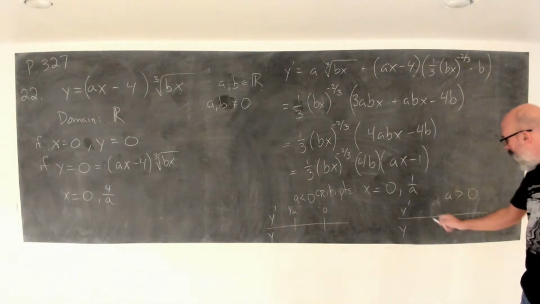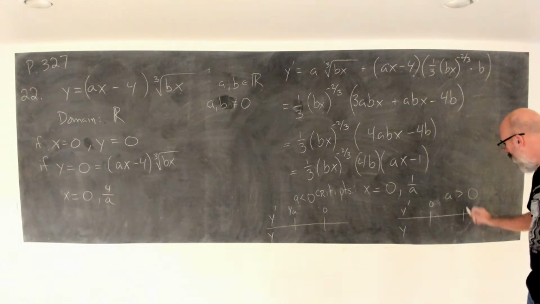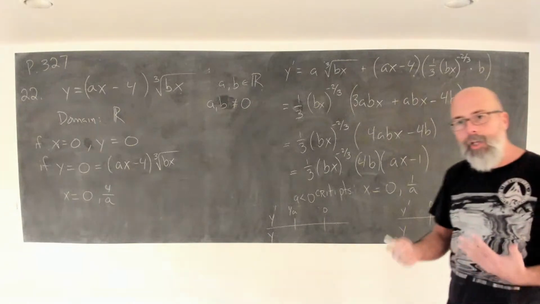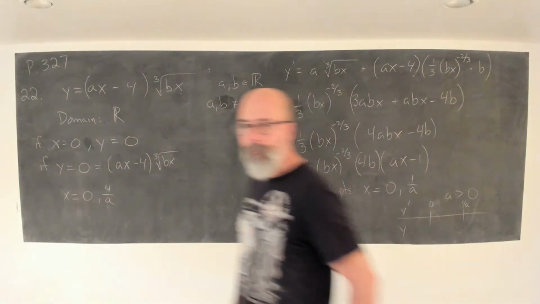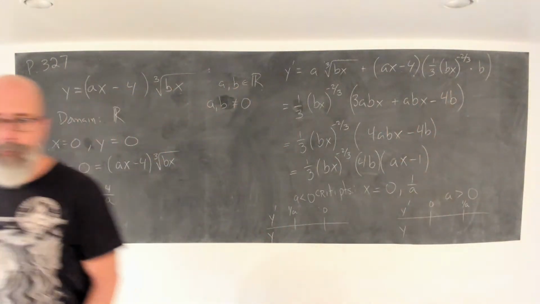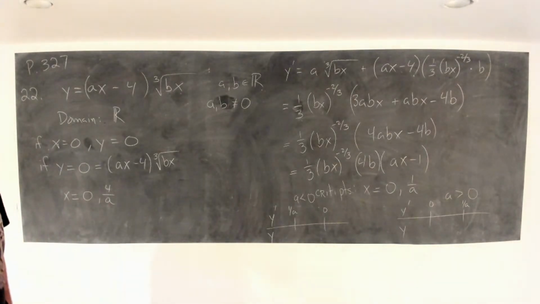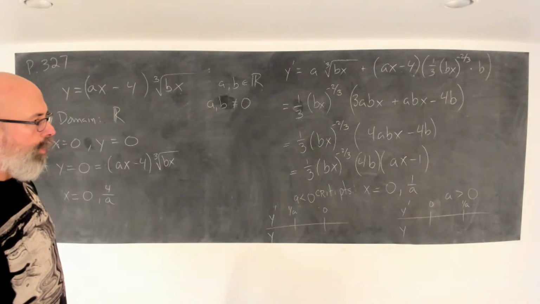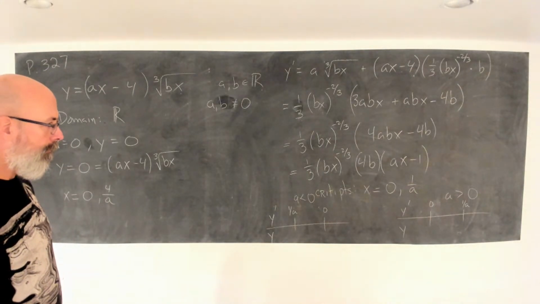And if a is bigger than 0, then 1 over a is going to be bigger than 0. That's the only issue here. Yep, and as Benjamin points out, same logic with points of inflection.